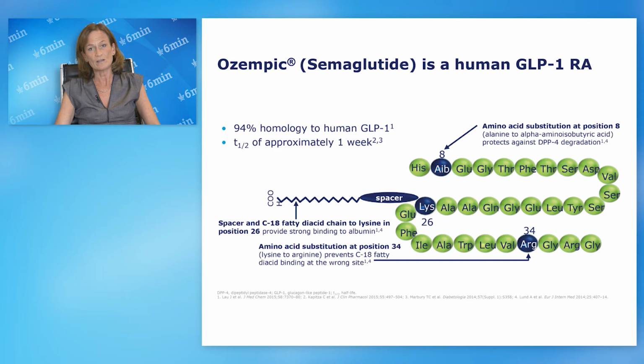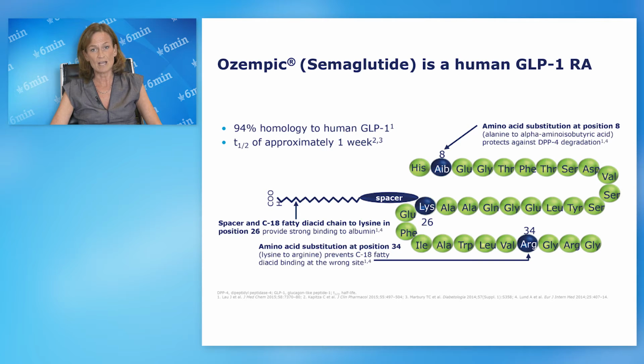I'm sure you know that the native GLP-1 has a half-life of only a few minutes. What you see on this slide here is the native peptide and the composition of the amino acids. When we are looking into semaglutide, there is very high homology with the native peptide, actually as high as 94%. But you can see the differences marked here.